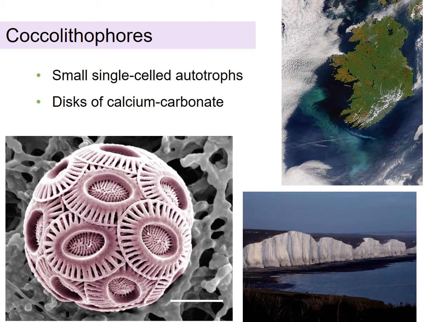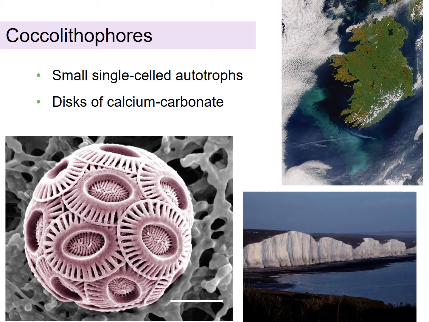On the upper right side, you see a satellite image of Ireland. To the southwest of Ireland, you can see this greenish cloud in the ocean water. That greenish turquoise color shows a coccolithophore plume.